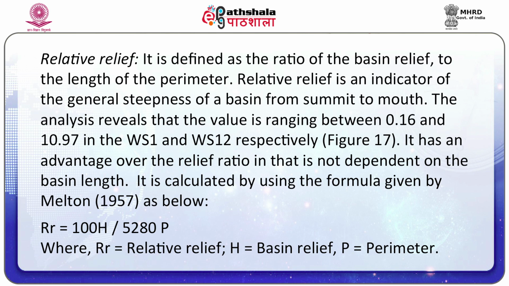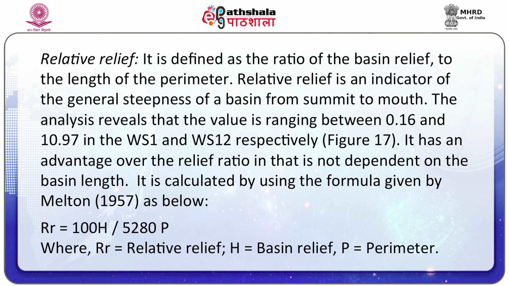It is defined as the ratio of the basin relief to the length of the perimeter. Relative relief is an indicator of the general steepness of a basin from summit to mouth. The analysis reveals that the value ranges between 0.16 and 10.97 in watershed 1 and 12 respectively, as shown in figure 17.